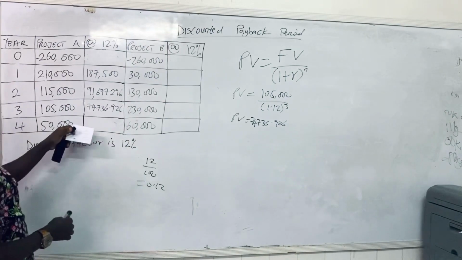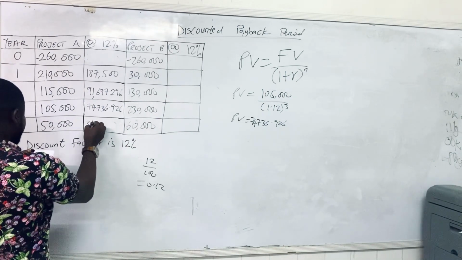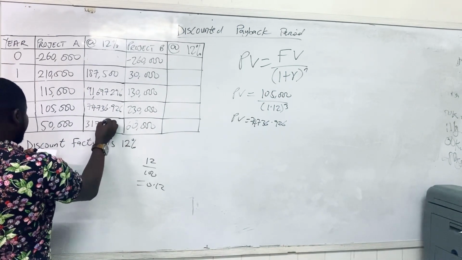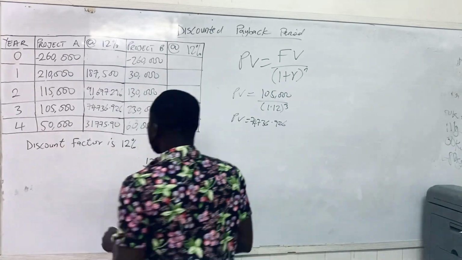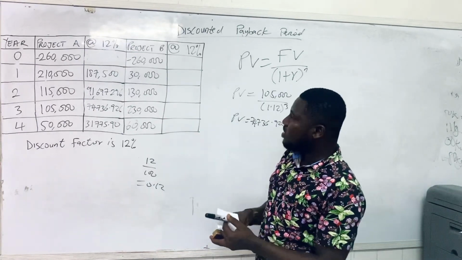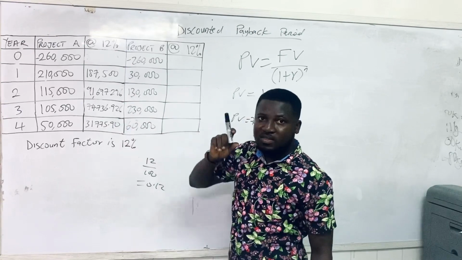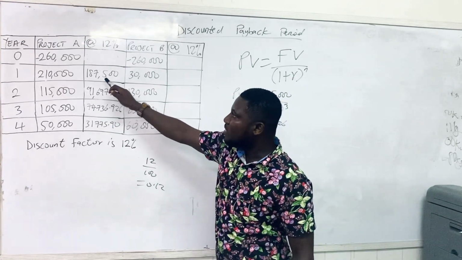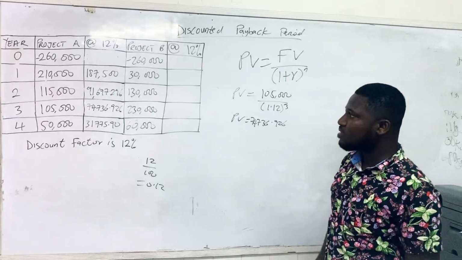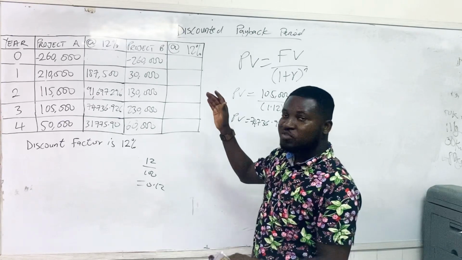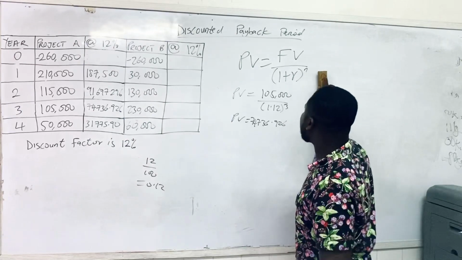And then the fourth year, applying the same formula, is also giving us 31,775.90. Very good. So for our project A, these are our discounted cash flows. The first year is 187,500, the second year is 91,677.296, in that order. So we are going to go straight and calculate the payback period for our project A.